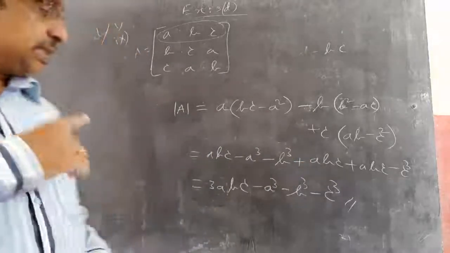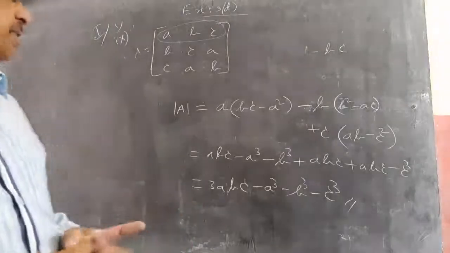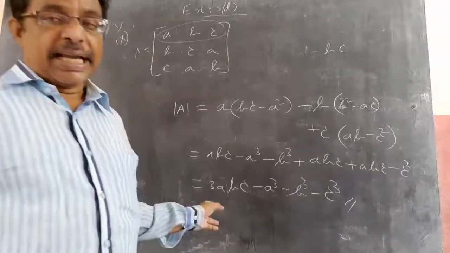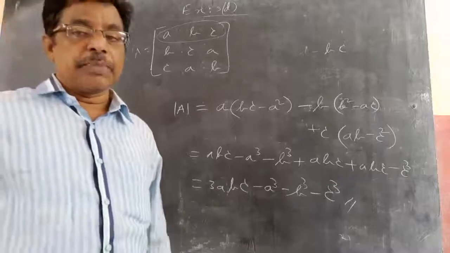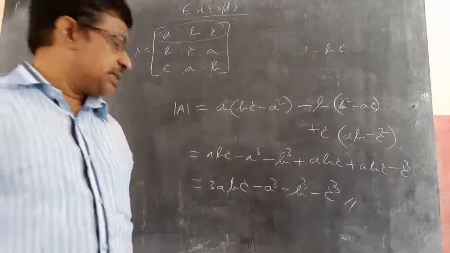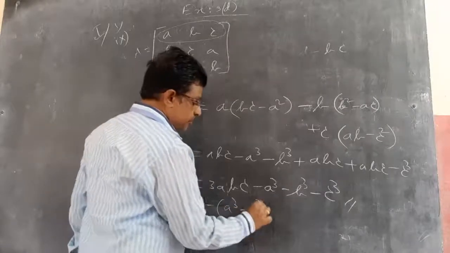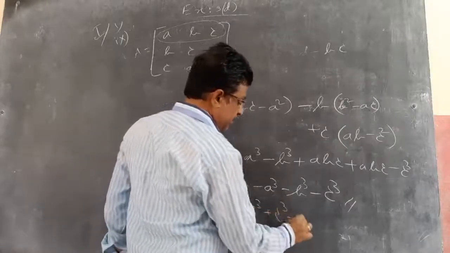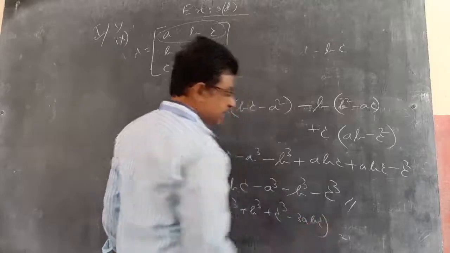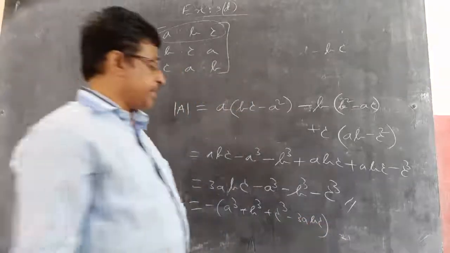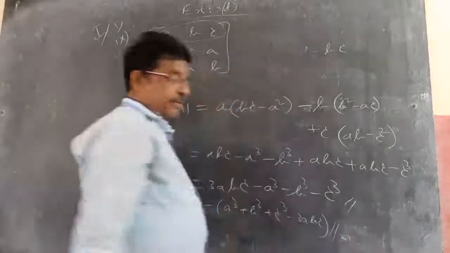So remember this result, it is very much useful. Det of ABC, BCA, CAB is minus of AQ plus BQ plus CQ minus 3ABC.